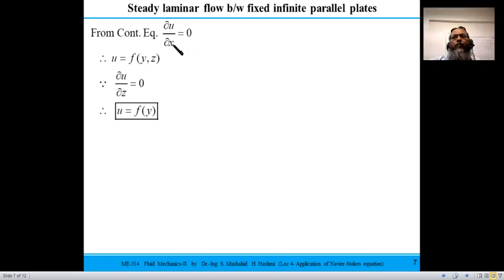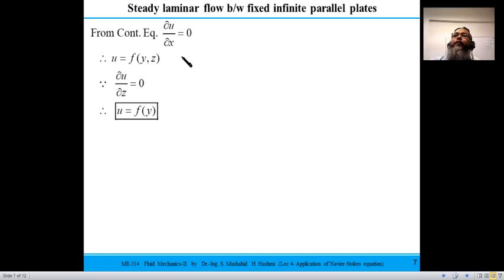So for a given problem the velocity is varying, but not with x. Mathematically we can say that the velocity is a function of y and z, and no more a function of x.